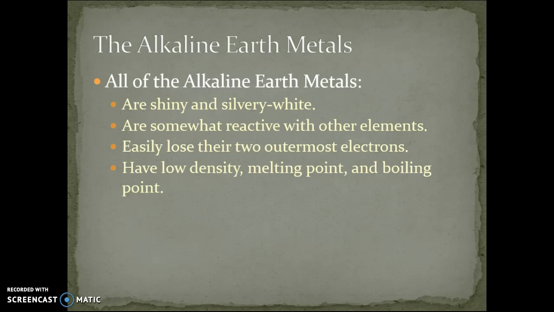So those 2 outermost electrons, they would again just as soon give away or share with another atom, and so when that happens, there is a chemical reaction. These metals have quite a low density. Typically metals are pretty dense. These are less dense than other metals. They also have a low melting point and a low boiling point.